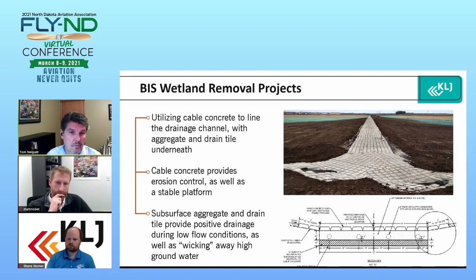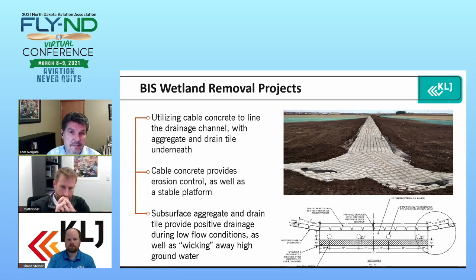And one of the things we found and tried on the first projects, and was very successful, was instead of trying to just do a regular ditch, we actually put a ditch in with cable concrete. As you can see in the photo there, there's one of the ones that's nearly finished. That cable concrete serves twofold. Number one, it's providing erosion control for that ditch during high flow conditions.